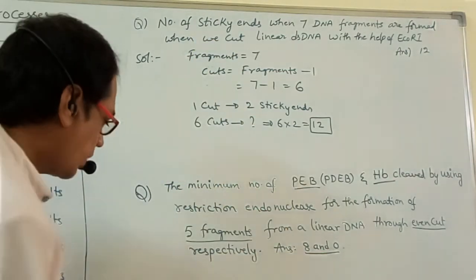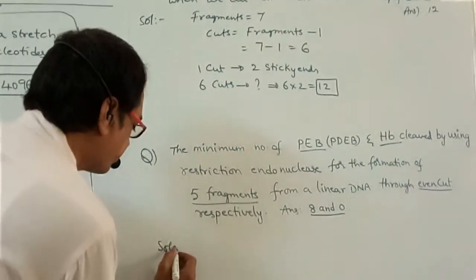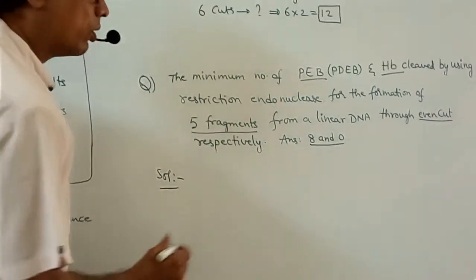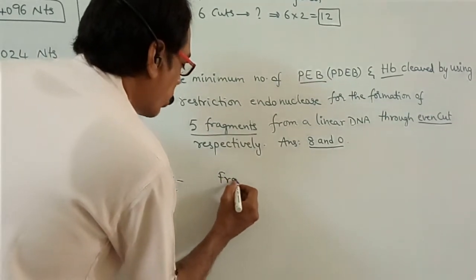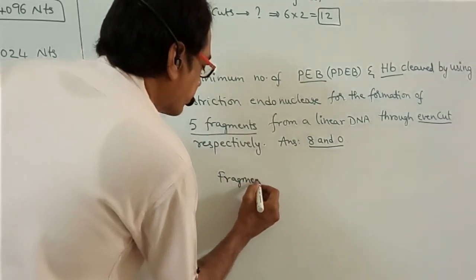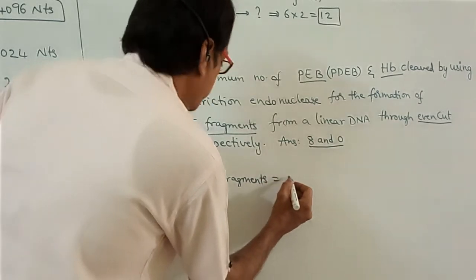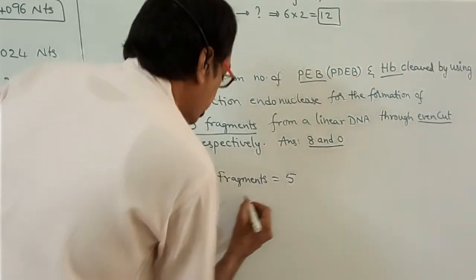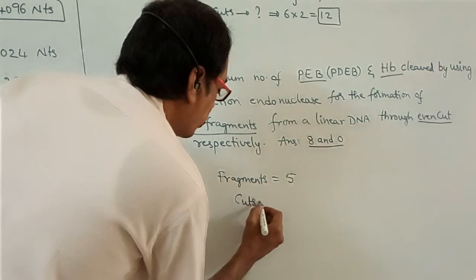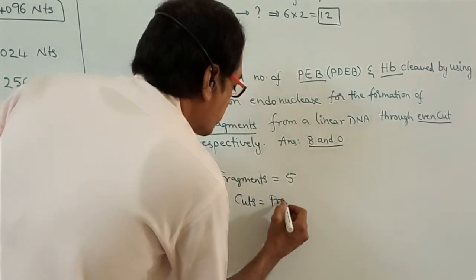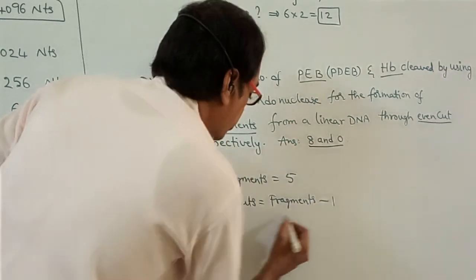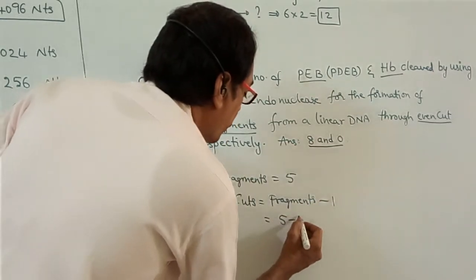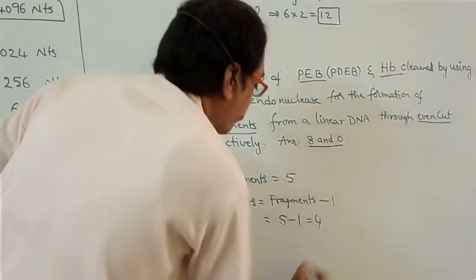So, how can we solve? Fragments is equal to 5. Cuts is equal to fragments minus 1, that is equal to 5 minus 1, that is equal to 4.